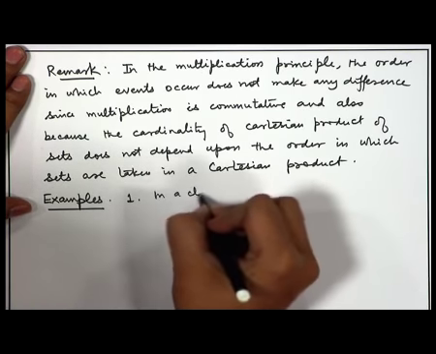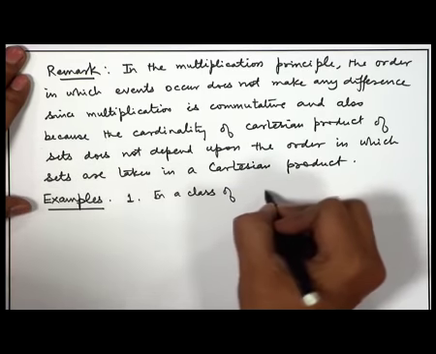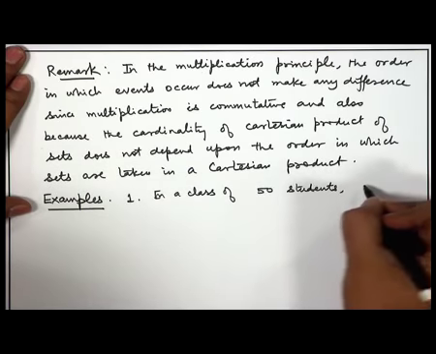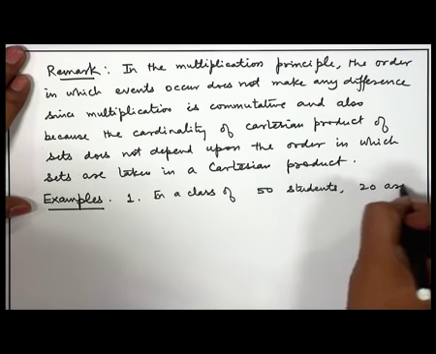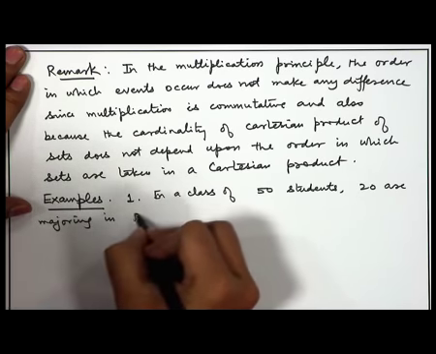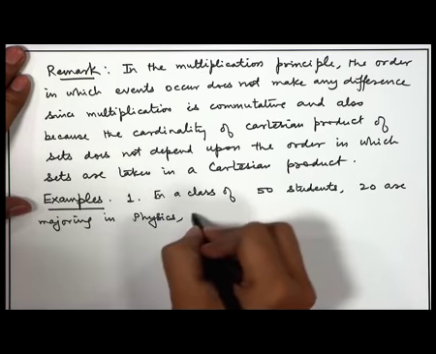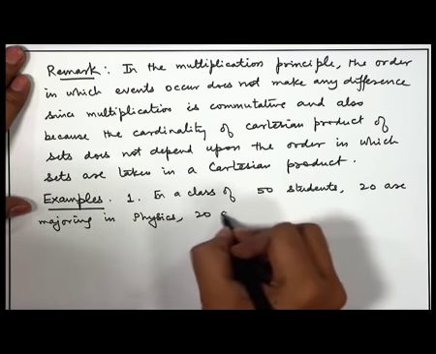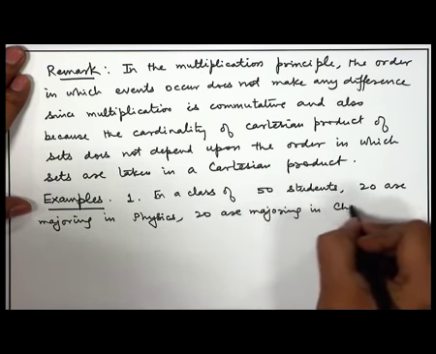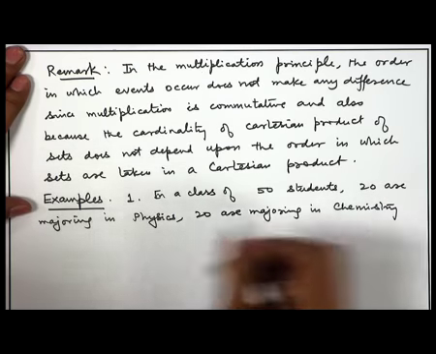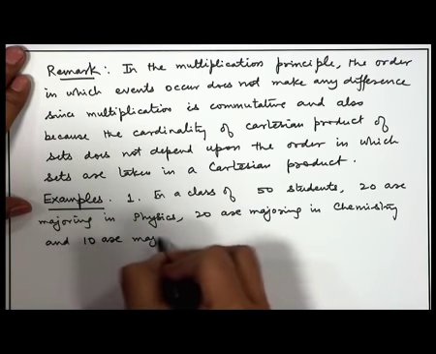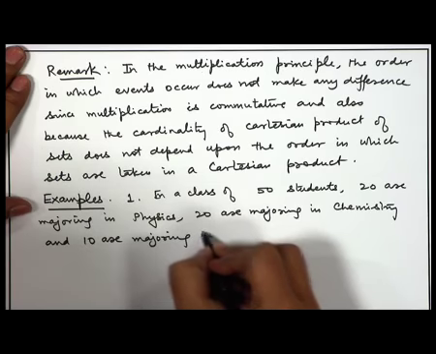In a class of 50 students, 20 are majoring in, say, physics, 20 are majoring in chemistry, and 10 are majoring in mathematics.